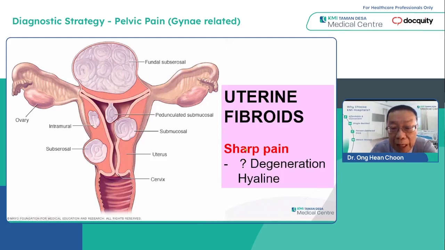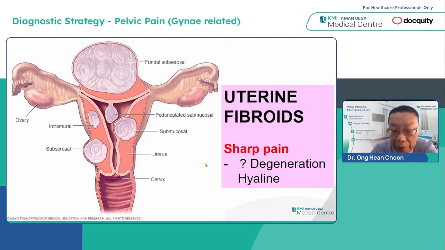Occasionally, you can have sharp pain in a fibroid. When a sharp pain occurs in a non-pregnant state, then we have to suspect the possibility of what we call a degenerative change. The most common degeneration in non-pregnant fibroids will be hyaline degeneration.